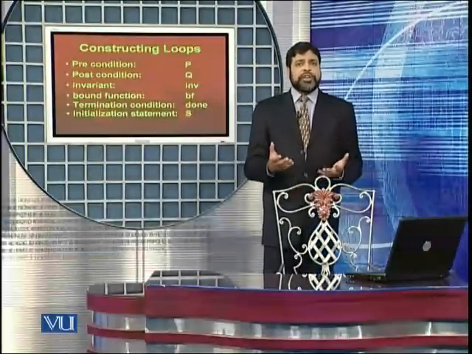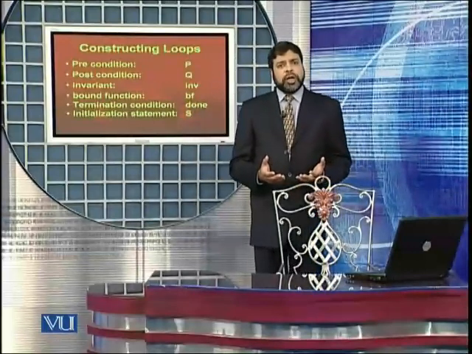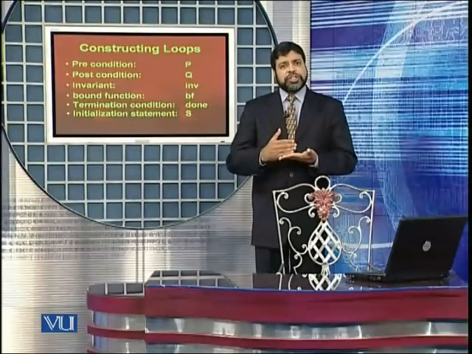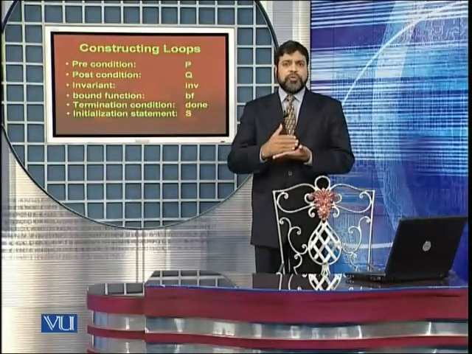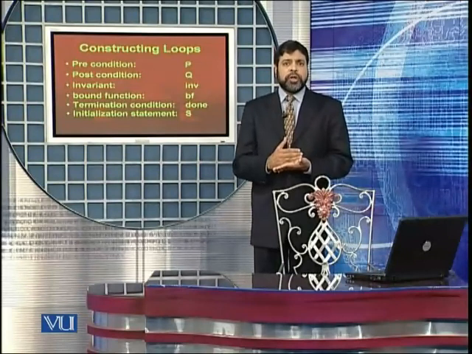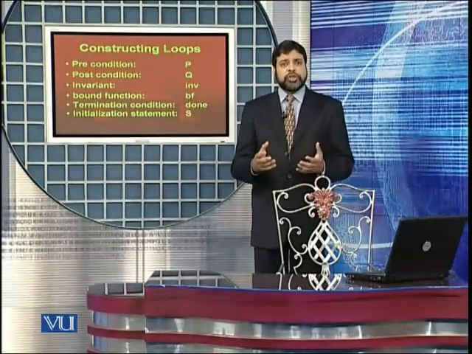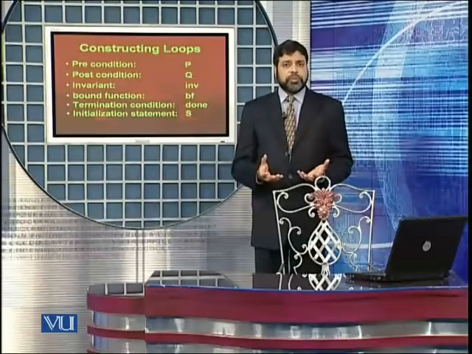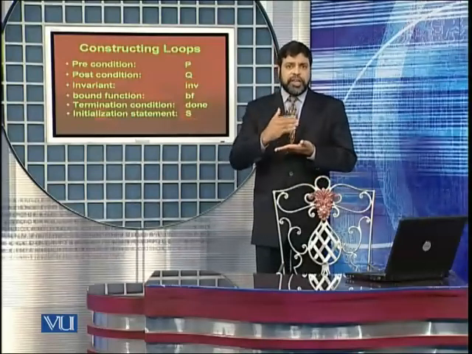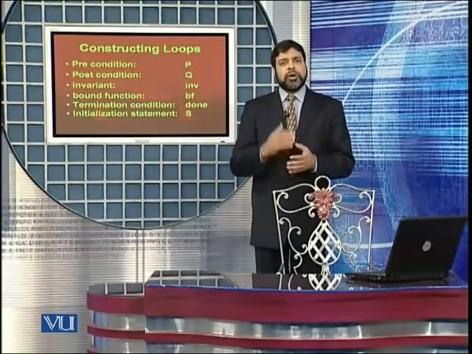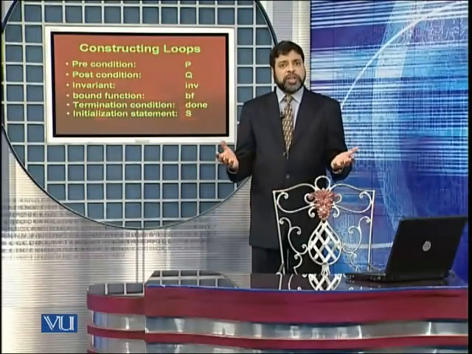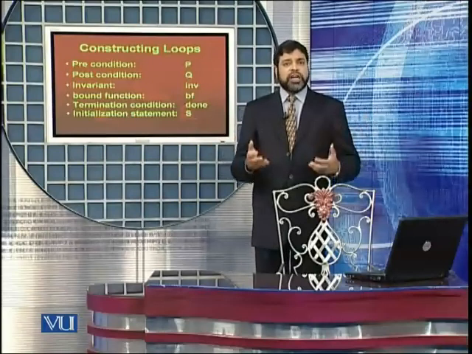And that invariant condition has to be satisfied before and after the loop and during the execution of the loop after each iteration. So that means that invariant condition is sort of a precondition for the loop, because it has to be present before you actually start executing the loop.